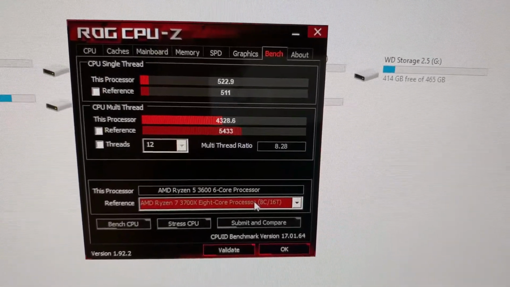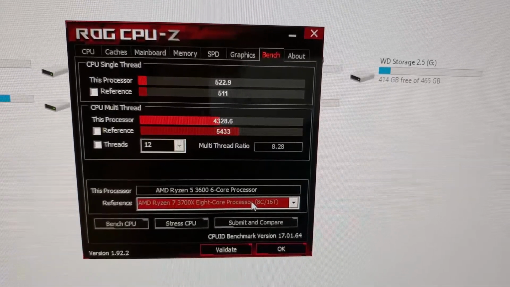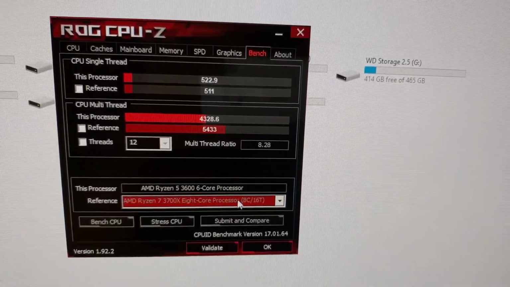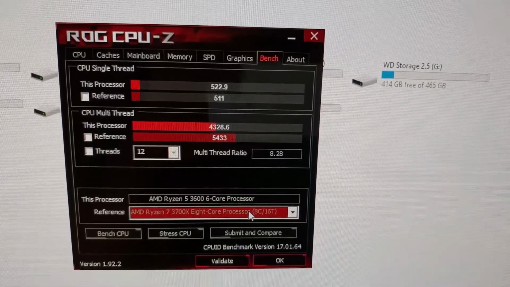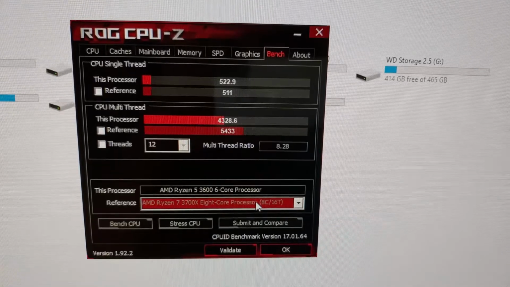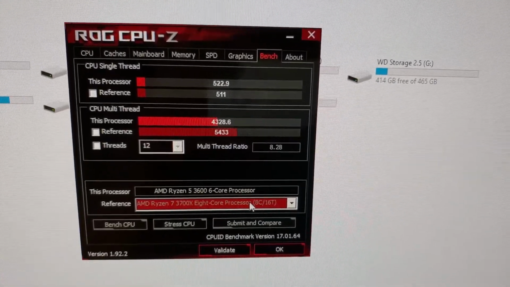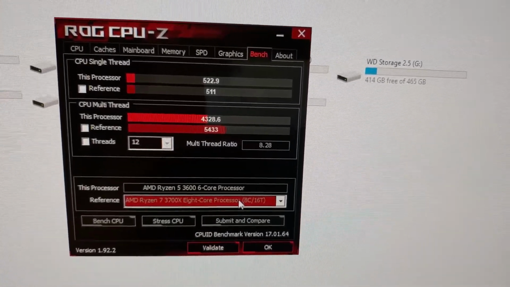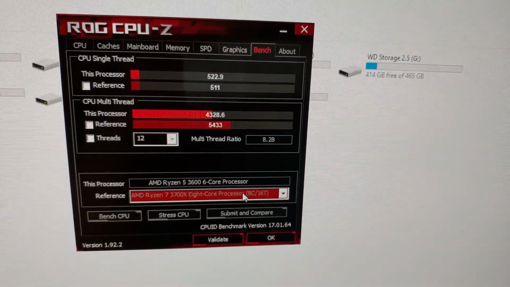Its multi-thread score is much higher than our 3600 even after overclocking, but you can see we still have an edge on the single thread score, and that is because of the higher clock speeds we achieved after overclocking.